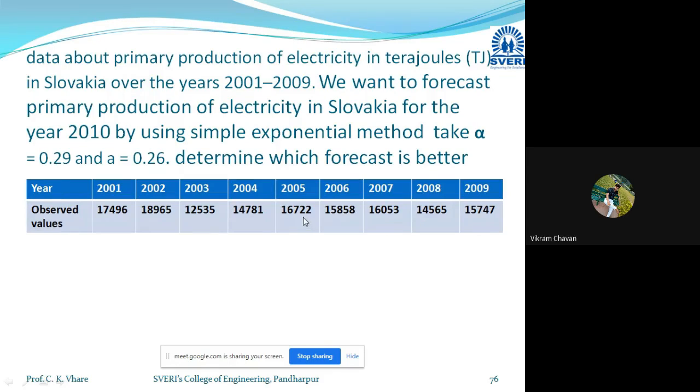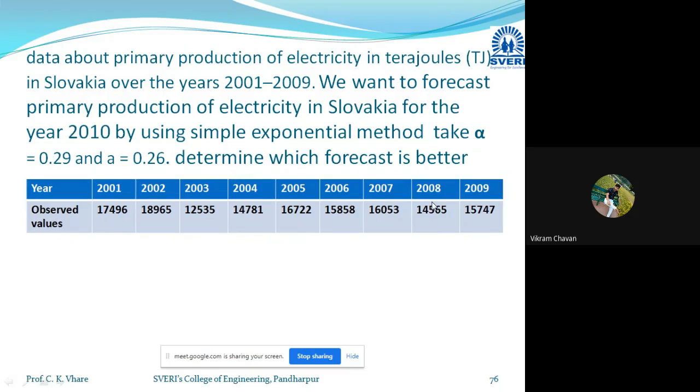Then in 2006, observed value is 15,858. Then in 2007, observed value is 16,053.